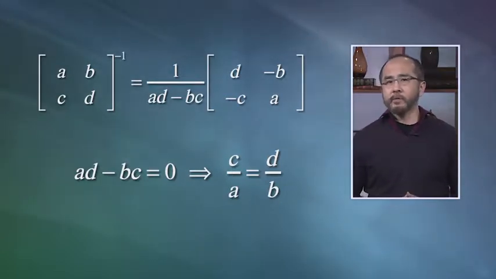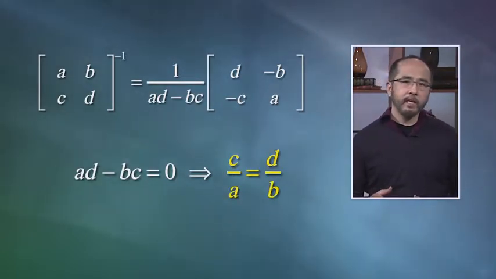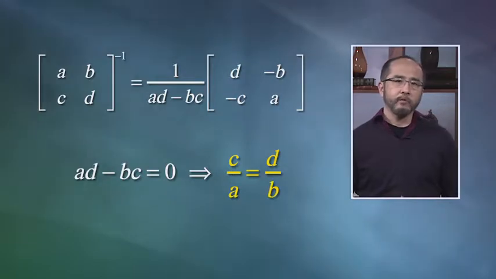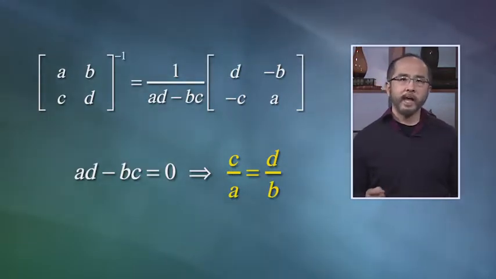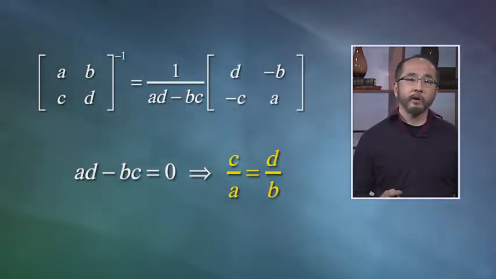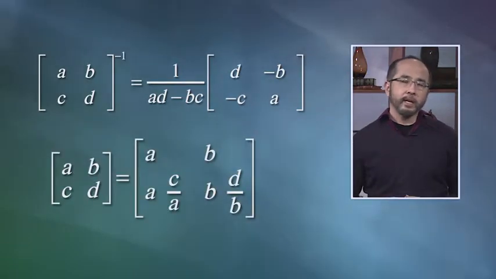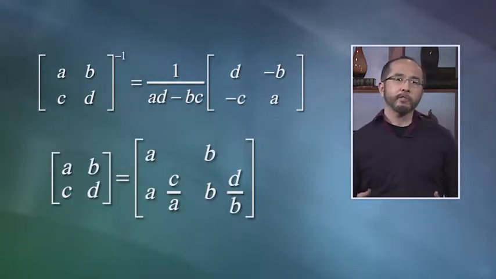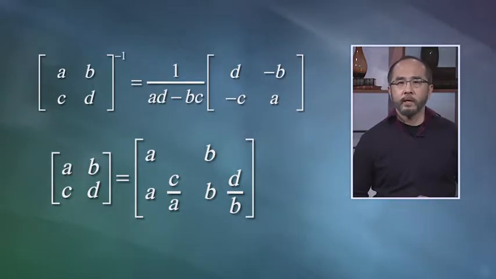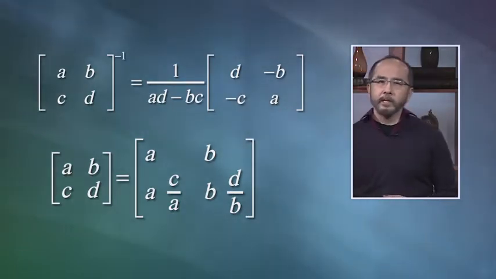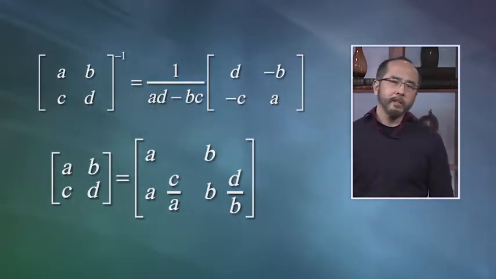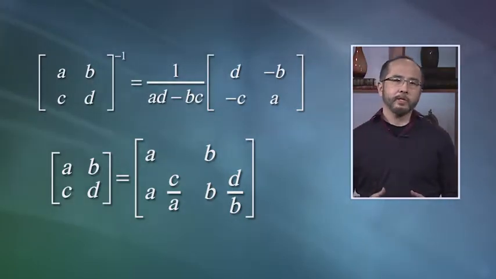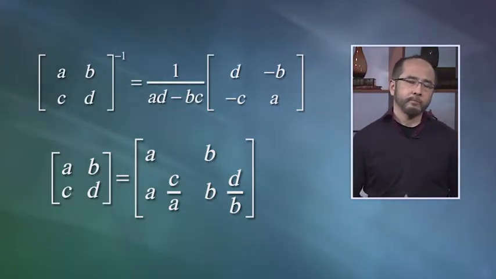And when that happens, we see that C over A equals D over B, which means that the ratio of C to A equals the ratio of D to B. In that case, the second row will be a multiple of the first row. So the rows in the matrix are not linearly independent. And by the invertible matrix theorem, this means the matrix cannot be invertible.